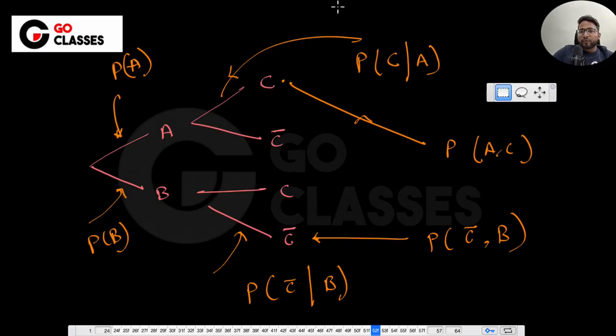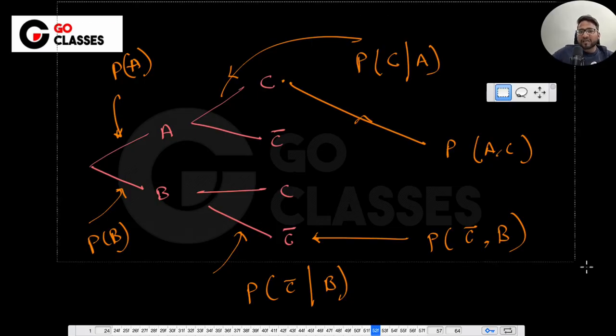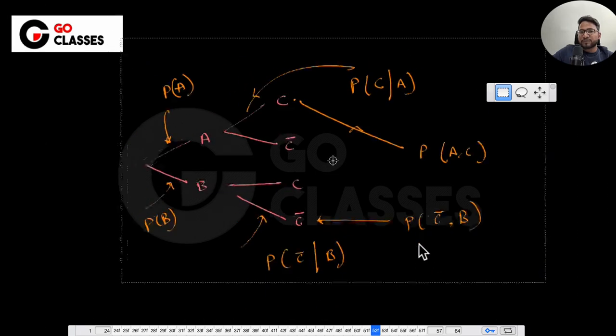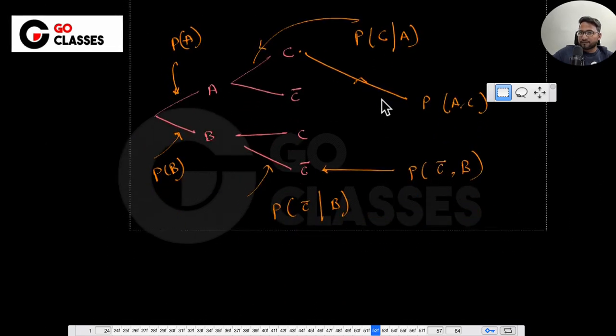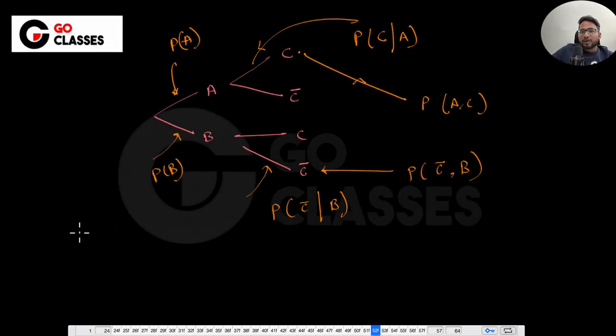Now let's see whether all of this picture mathematically makes sense. Can we mathematically justify this picture? The way I calculate this node probability is by multiplying all of these edge probabilities. The first edge probability is the probability of A, and the next edge probability is the probability of C given A. Should it be the probability of A comma C?